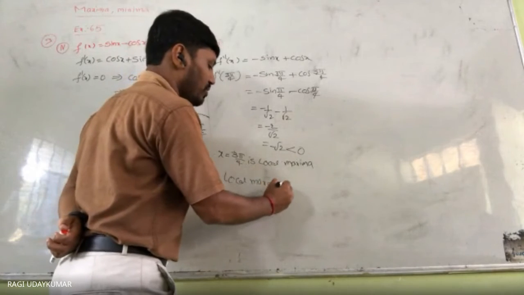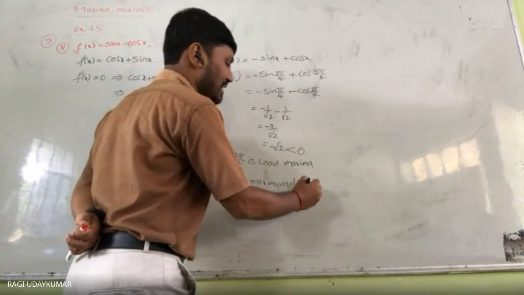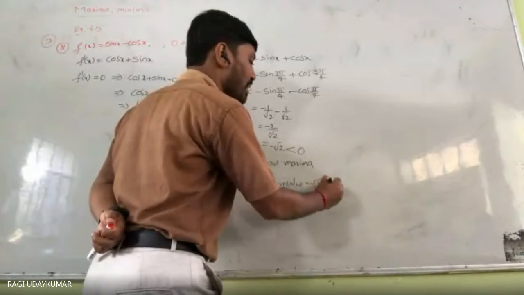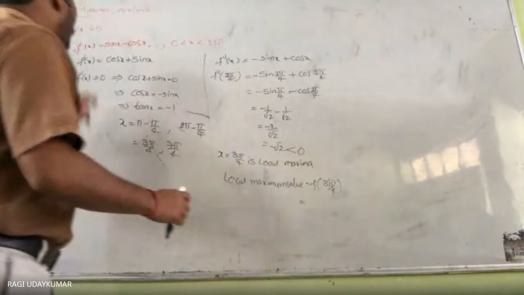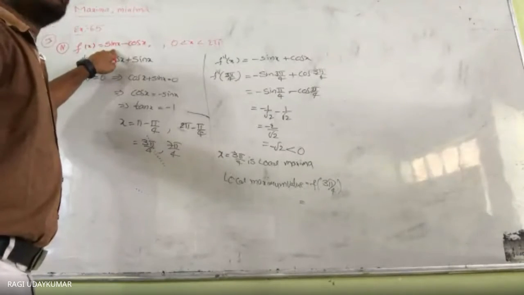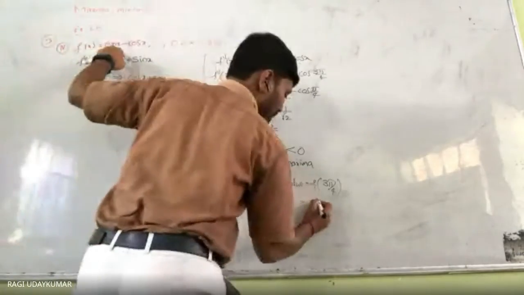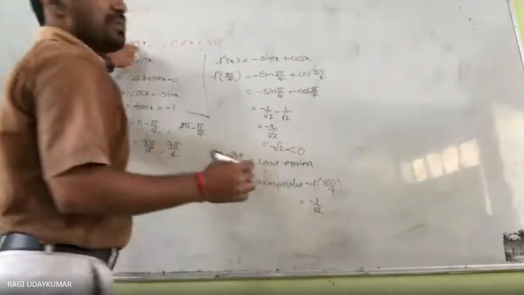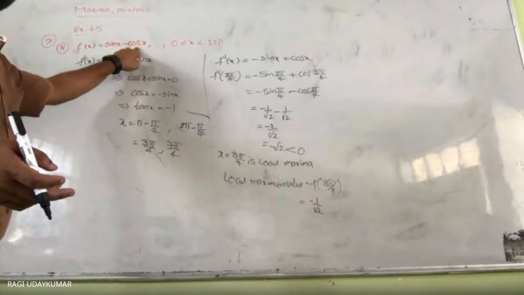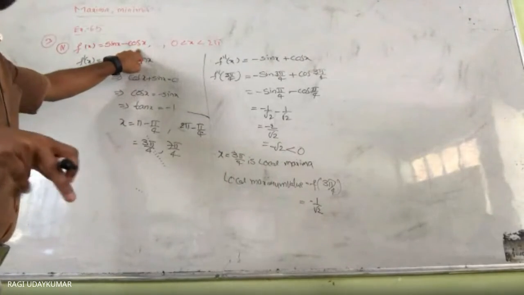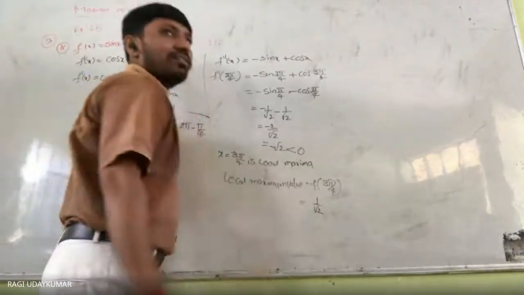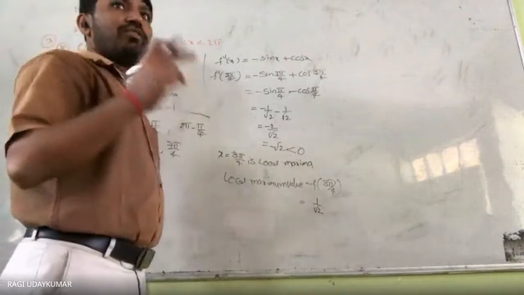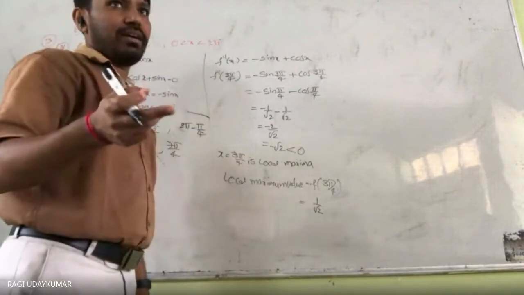And the local maximum value is equal to f of 3 pi by 4. Substitute 3 pi by 4 here. Sin 3 pi by 4 value is plus 1 by root 2, because it is sin pi by 4.